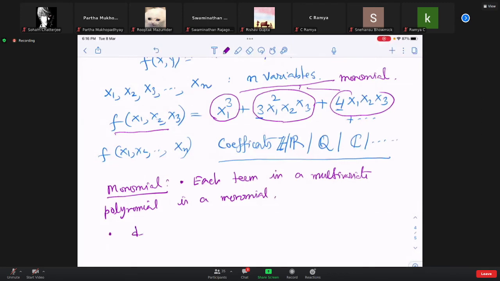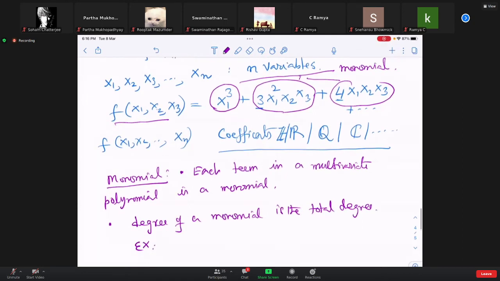Point two, the degree of a monomial is the total degree. For example, if the monomial is x1 squared x2 x3, the degree is 2 plus 1 plus 1. The x1 degree is 2, x2 degree is 1, x3 degree is 1, so it's 4.